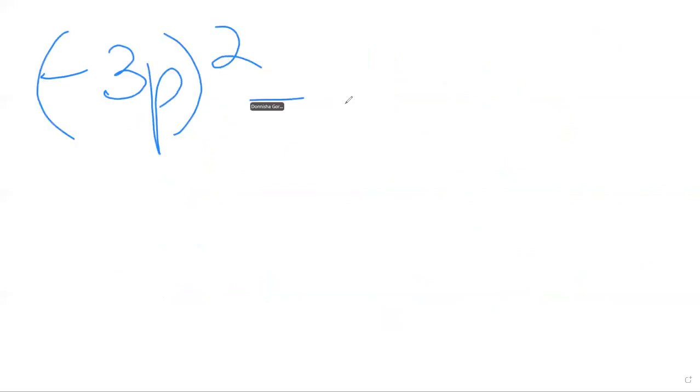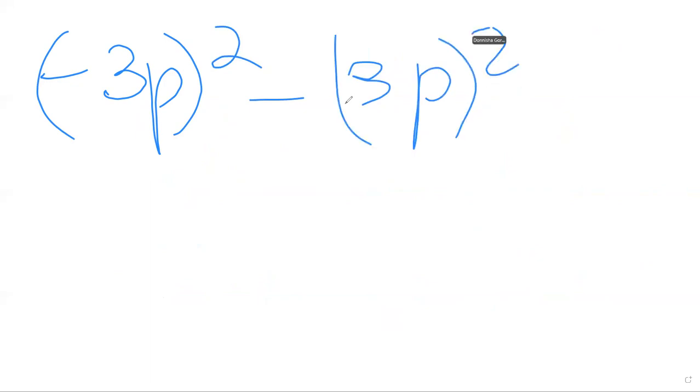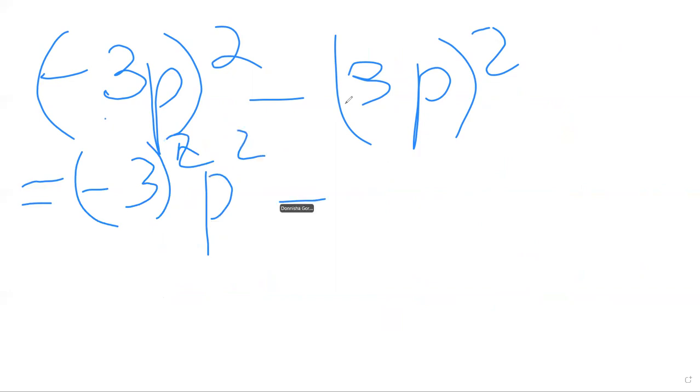We come to our last one, which is a combination of these two concepts. Negative 3p all squared minus 3p squared. Negative 3 is being squared, p is also being squared. Minus 3p is being squared, which means 3 is being squared, p is being squared.